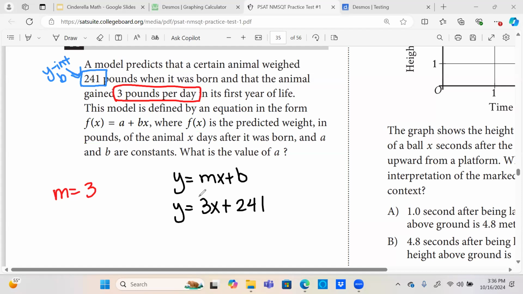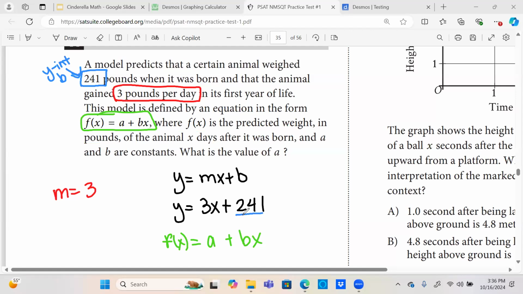The animal, let's call it, I don't know, a tiger, is gaining 3 pounds per day. So that's the rate, that's our slope. And it started off at birth at 241 pounds. So they didn't do y equals mx plus b though. They did this: f of x equals a plus bx. So they switched the order on us. Very sneaky.